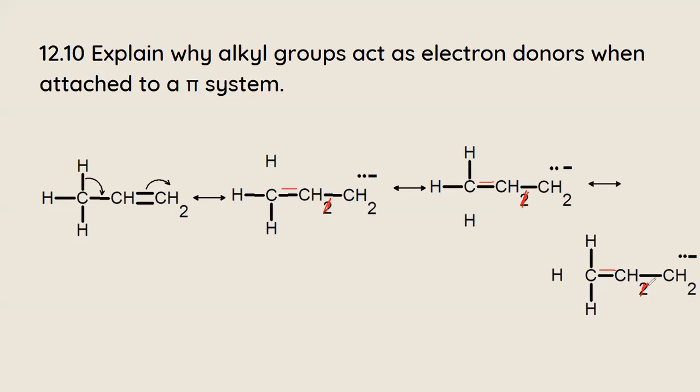So if instead of this hydrogen, we had a CH3 group, that would again increase the number of resonance structures which are formed, and that would increase hyperconjugative structures, which would increase the stability. So the main reason you have the increase in stability by the alkyl group is due to the concept of hyperconjugation.